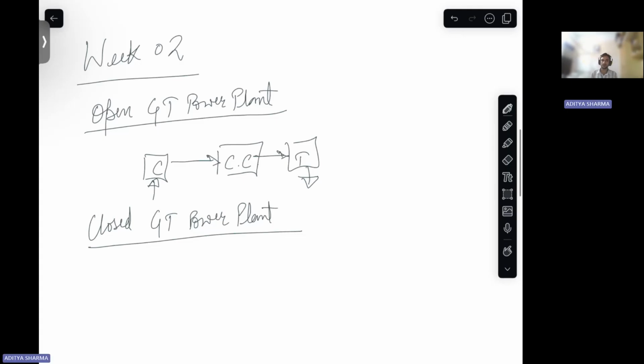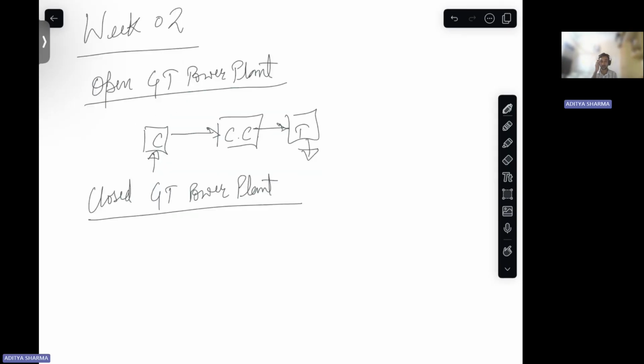So in the open GT power plant, we were giving heat through combustion only, and we were involving the working fluid in combustion. But in the closed gas turbine power plant, we will not involve the working fluid in combustion, or in the heat that we are getting.